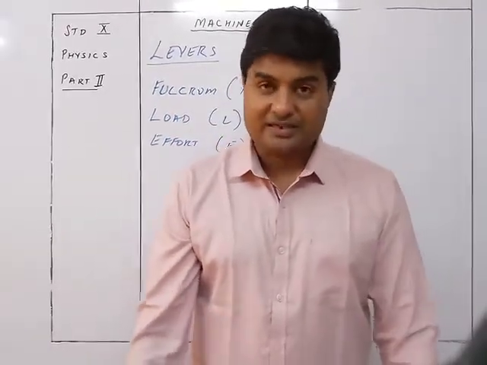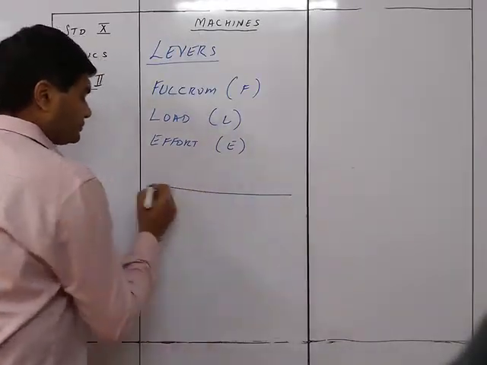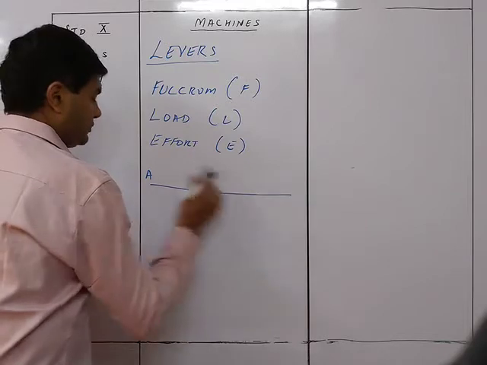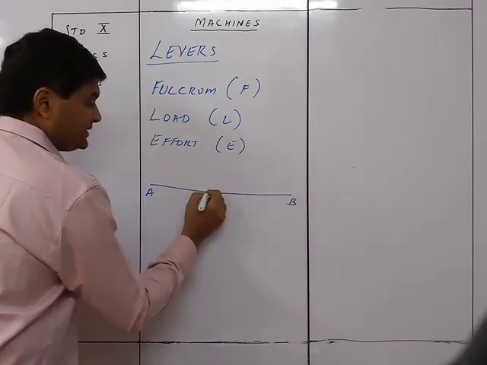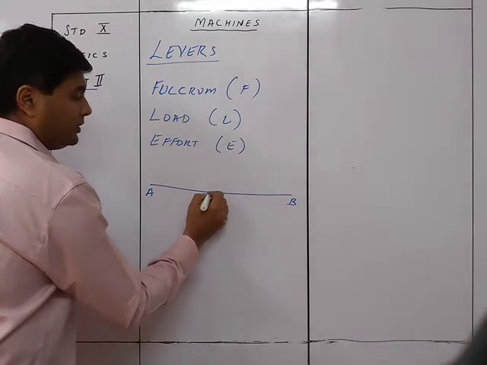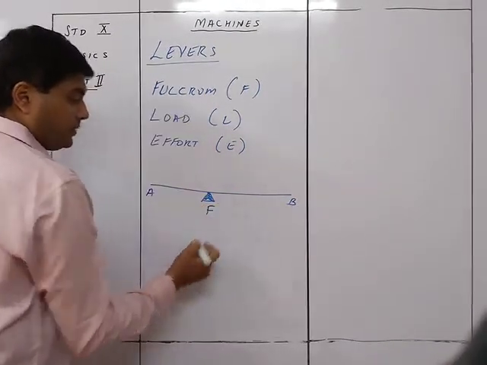So let's understand this. This is a rod, I'll write it here as AB, and this is the fixed point, the fulcrum.